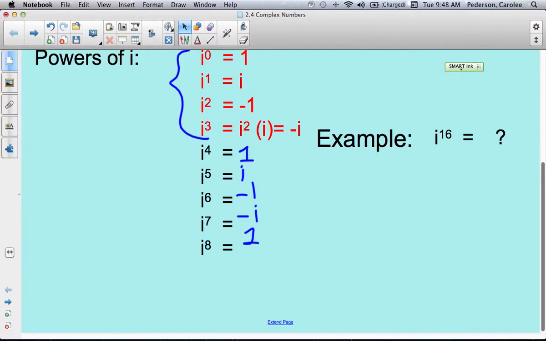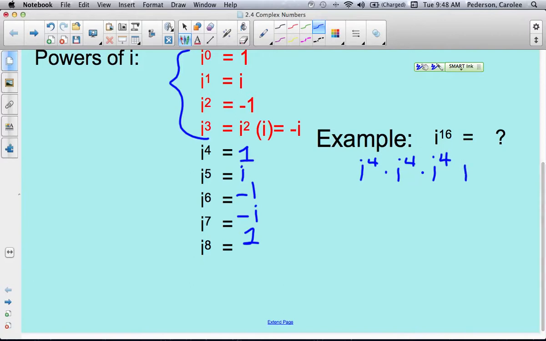There's 16 i's going on, so you could rewrite it as i to the 4th times i to the 4th times i to the 4th, so now I have 12 of them, and then I need one more set of 4. So what are all those i to the 4ths? They're all 1s. So I have 1 times 1 times 1 times 1, which is 1. It's another way to use your patterns.